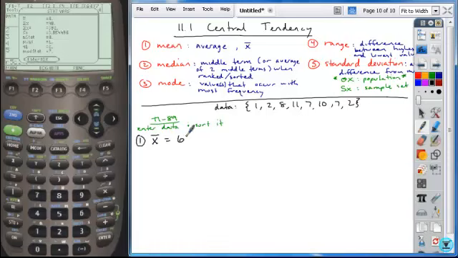So that's the average. Our median, if you look down here, the very furthest, MedStat, the median of this statistic set is given as 7. And we saw that by hand.